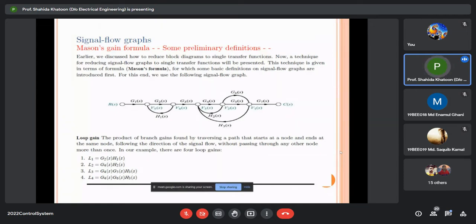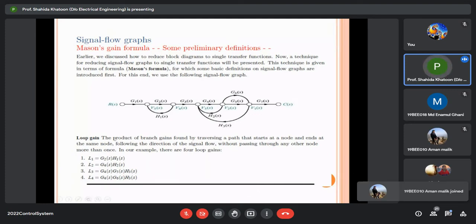So for this end, we use the following signal flow. Suppose this is our signal flow graph. All right. So in this, the first definition is loop gain. So what is loop gain? The product of branch gains found by traversing a path that starts at a node and ends at the same node. Okay, so suppose we are following a direction of the signal flow graph without passing through any other node more than once.